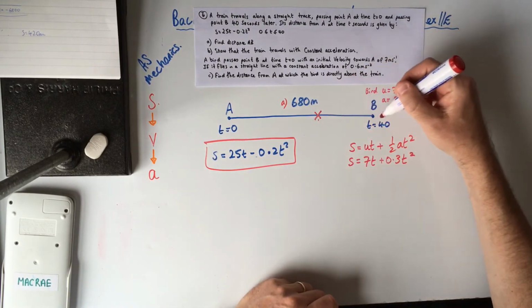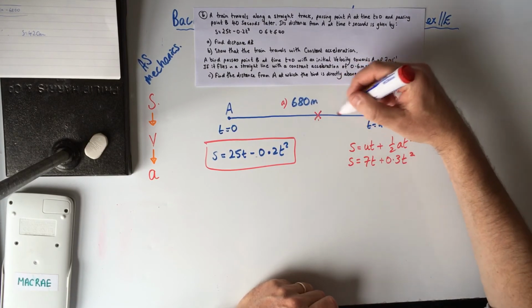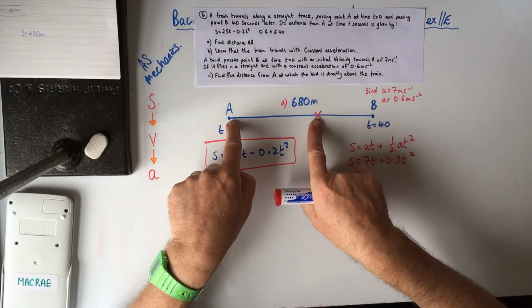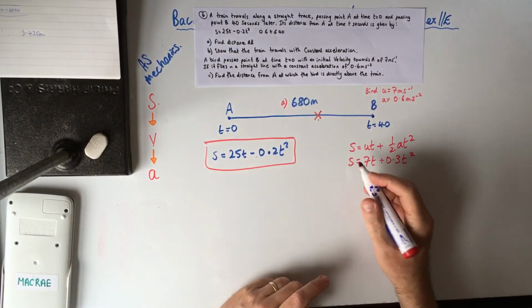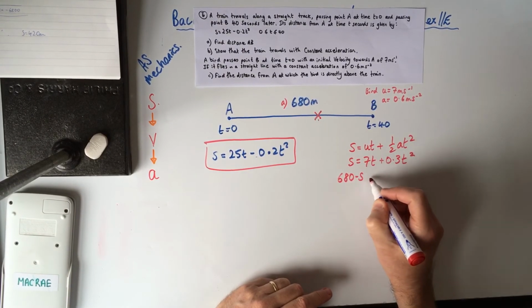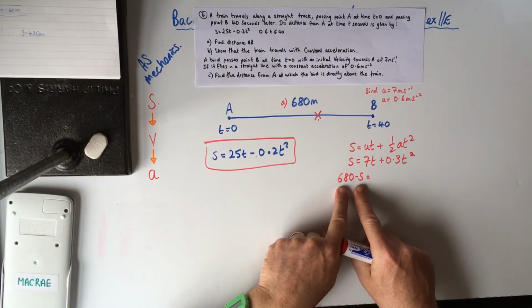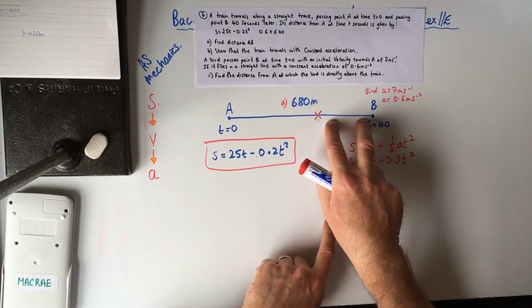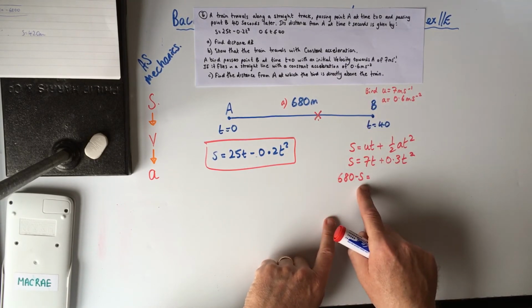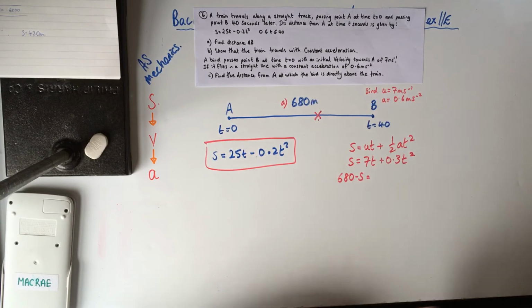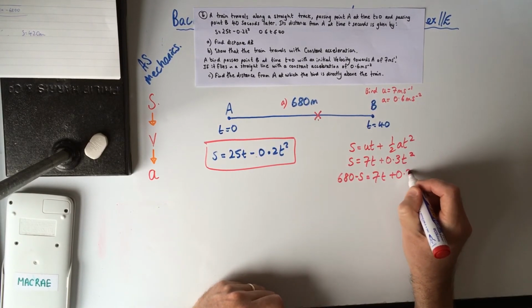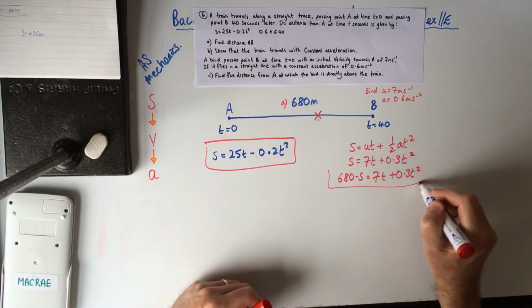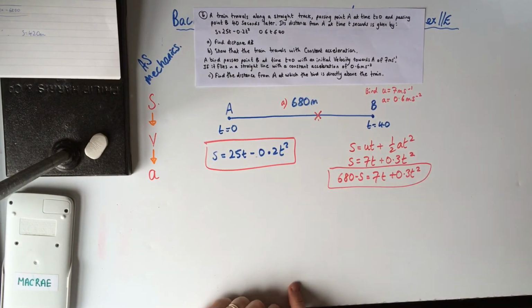Whatever distance the bird flies, that this formula is finding, we want 680 meters minus that, and that will give us the distance from A. So we want 680 minus s, and that describes the displacement from A. Because s is the displacement from B, which is what this formula has given me, and 680 minus s is 7t plus 0.3t squared. Now we've got two equations and two unknowns.